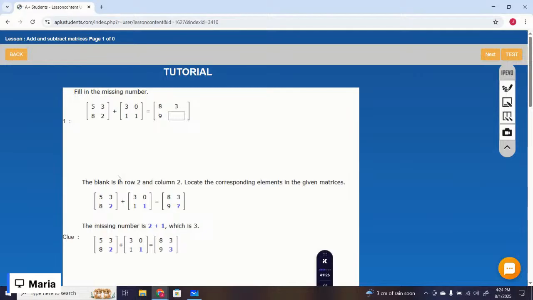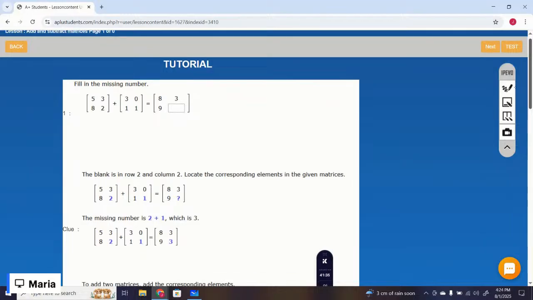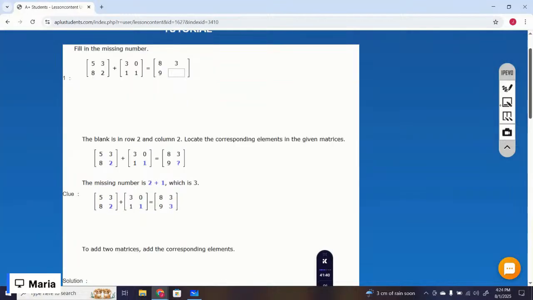Fill in the missing number. So we are adding two matrices. The blank is row 2 and column 2, right? So that means you need to add row 2 and column 2 in the first matrix and the same way with the second matrix, right? 2 plus 1 is 3, so the missing number is 3.